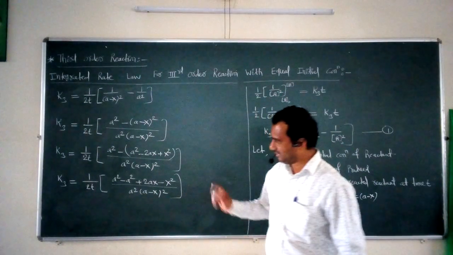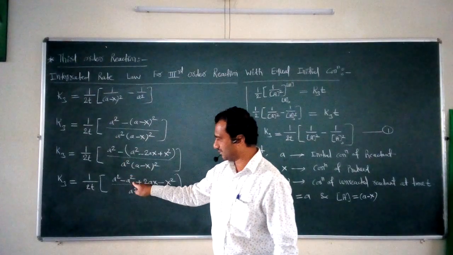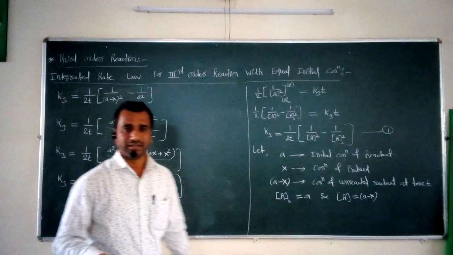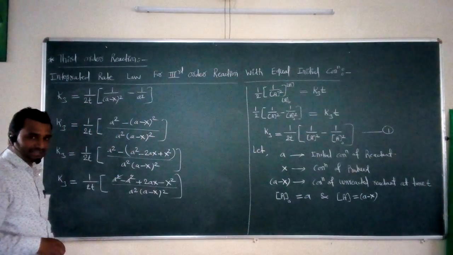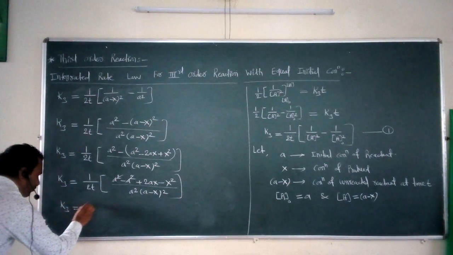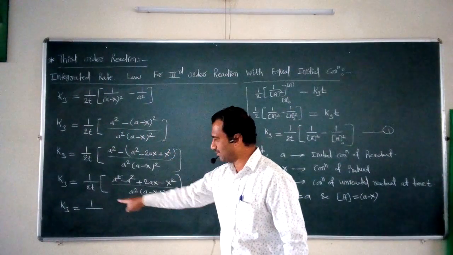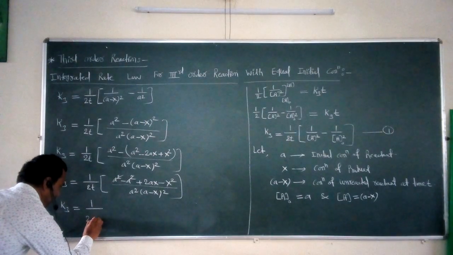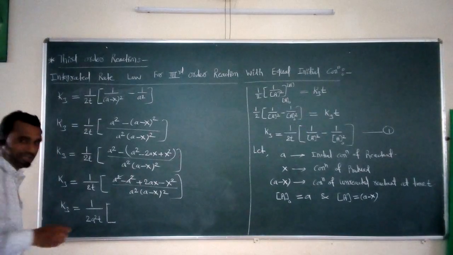What we can do here, we multiply this bracket by this minus sign, so it becomes a square minus a square plus 2ax minus x square. Now we have to cancel the opposite sign terms, so this a square gets cancelled. What you have to get here is k3 is equal to 1 upon 2 a square into small t in a bracket, I take this a square out of the bracket.